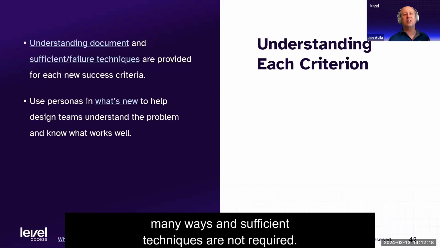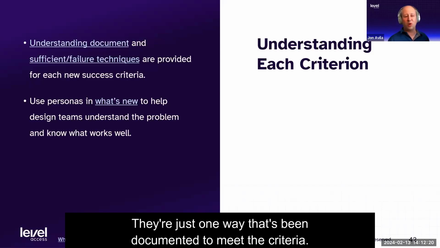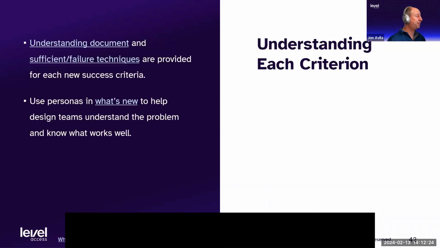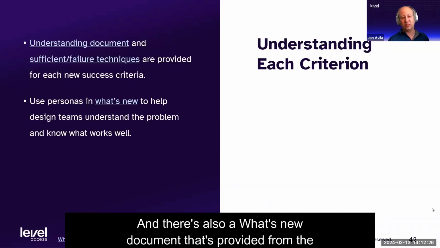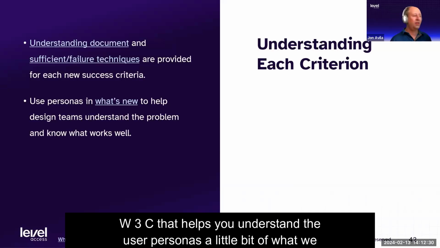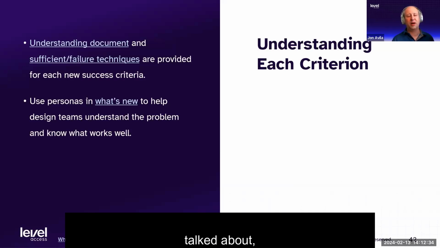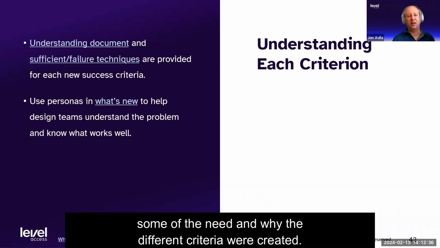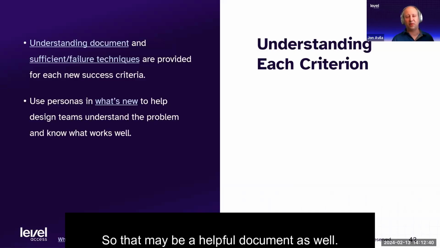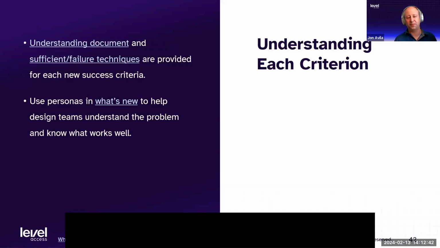Sufficient techniques are not required. They're just one way that's been documented to meet the criteria. And there's also a What's New document provided by the W3C that helps you understand the user personas, a little bit of what we talked about, some of the need and why the different criteria were created. So that may be a helpful document as well.